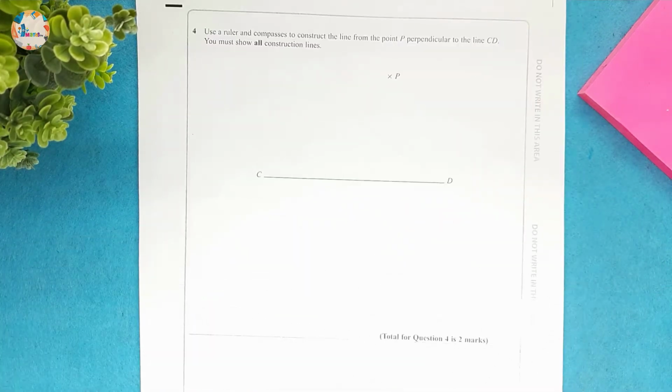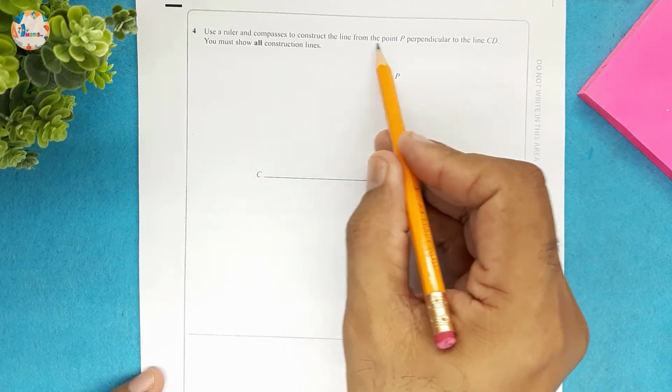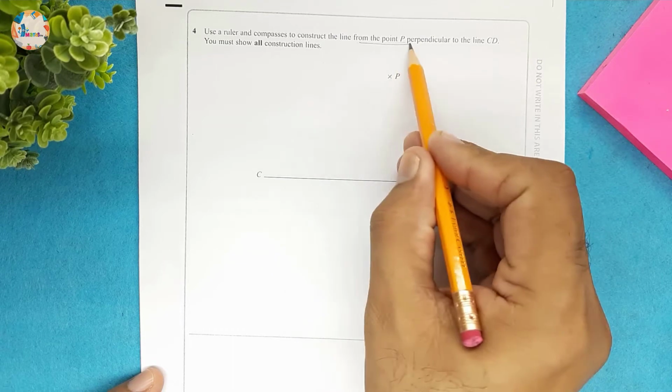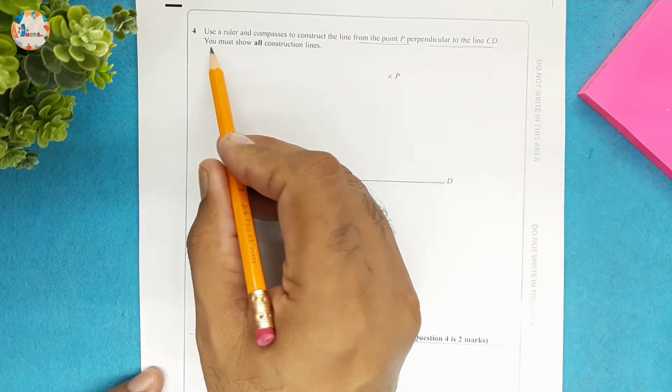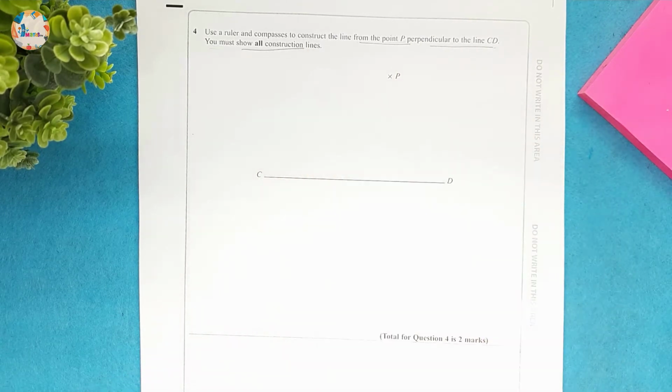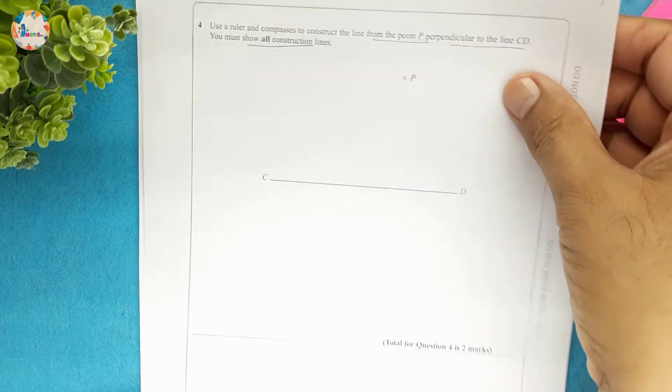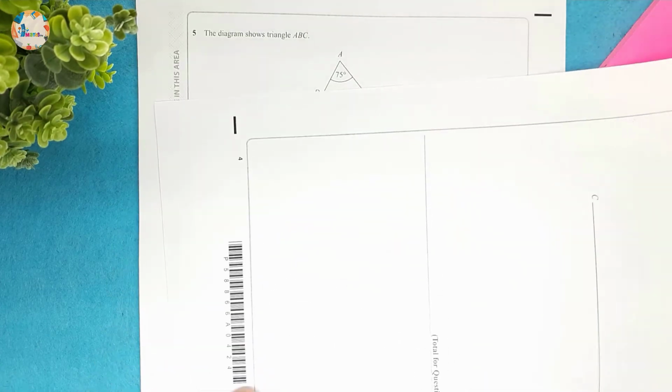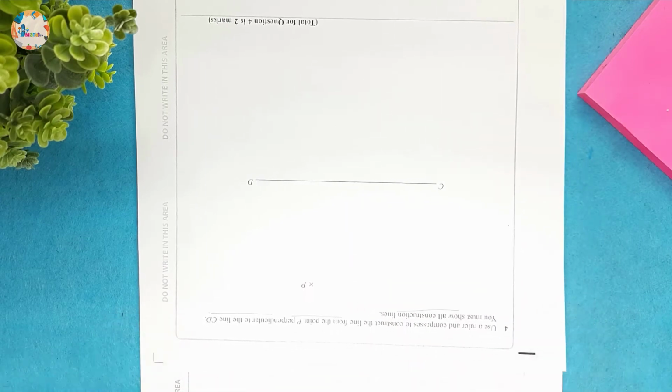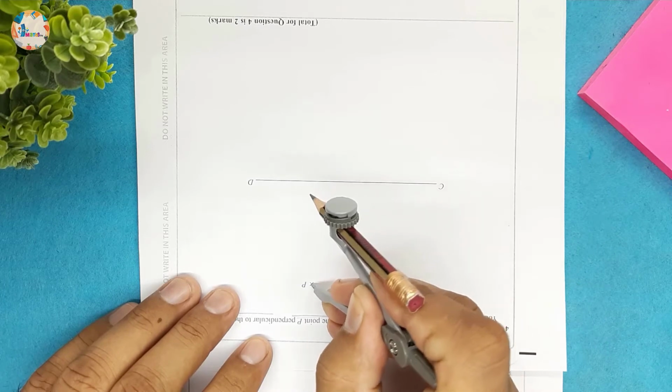This is question number 4. Use a ruler and compasses to construct a line from the point P perpendicular to the line CD. You must show all construction lines. So to draw the perpendicular, we can rotate the page according to our convenience. So I'm rotating the page like this, and after that we'll be using the compass to draw.